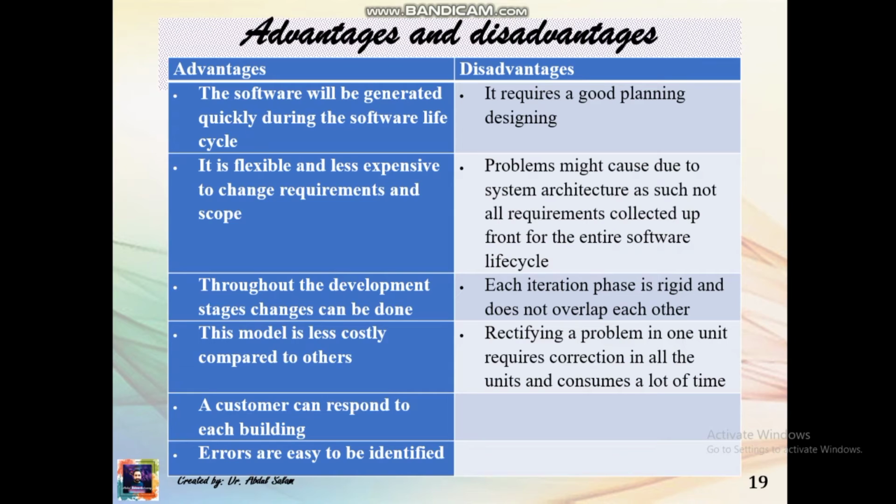Then next, throughout the development stages changes can be done, but each iteration phase is rigid and does not overlap each other. Next, we have this model is less costly compared to others, but rectifying a problem in one unit requires a correction in all the units and consumes a lot of time.